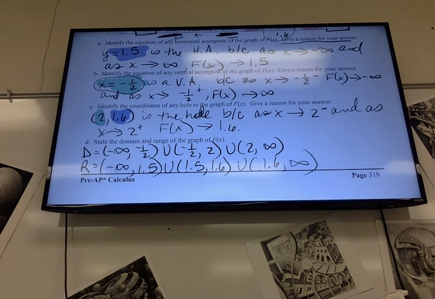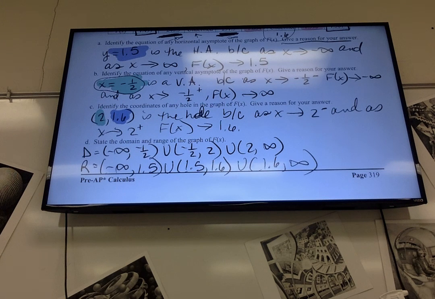Okay, see what you can do. I think we can do this. See what you can do with, on page 320, that table. It's kind of the same stuff that we have been doing. The questions are asked in a different way. At least look at the table and think of what your horizontal asymptote would be, what your vertical asymptote would be, what the hole in the graph would be.